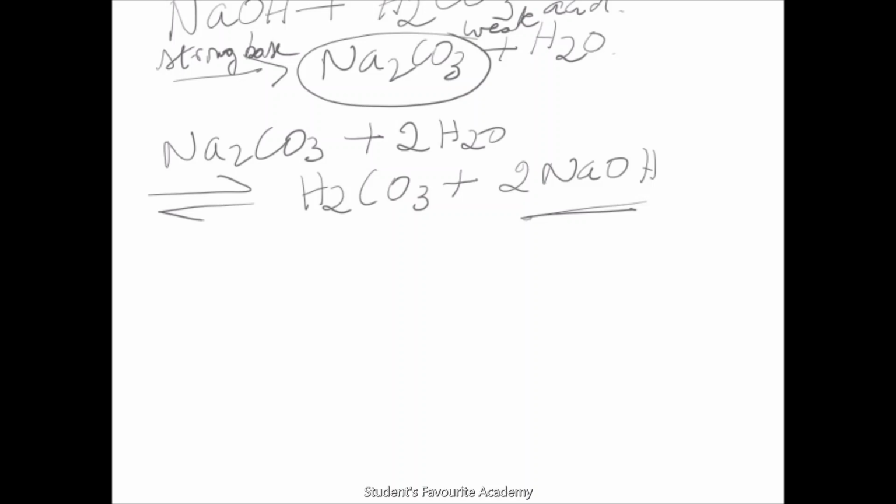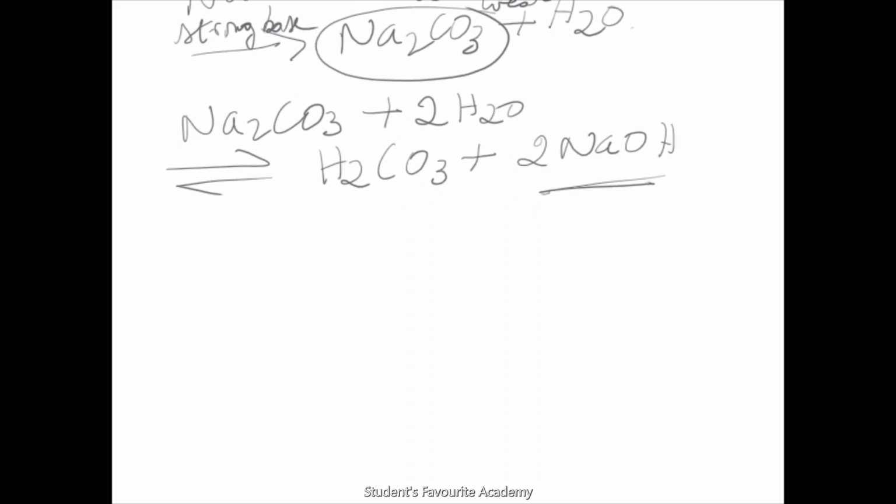Now, for example, a salt of a strong acid and a weak base is ferric chloride. Ferric chloride is formed by the reaction of a weak base with a strong acid.